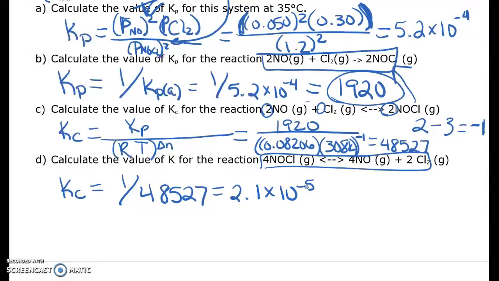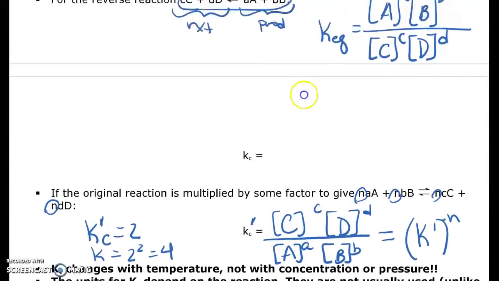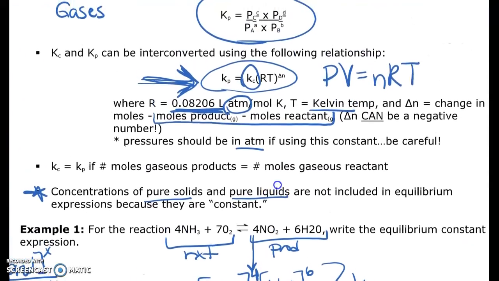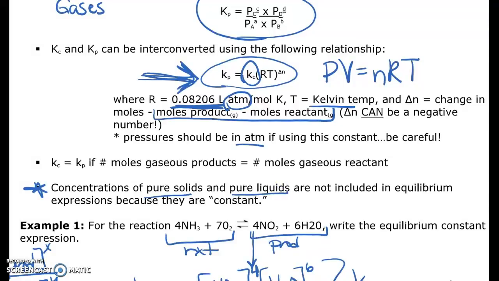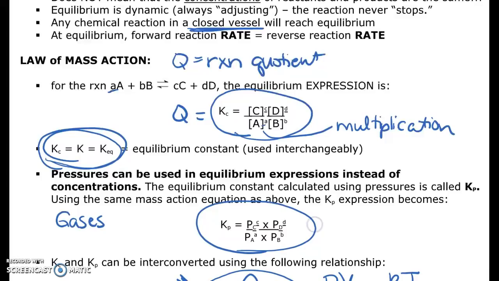But notice we also multiplied all of our coefficients by a factor of 2. So when that happens, that's an example of this situation here where you've got everything multiplied by an n.